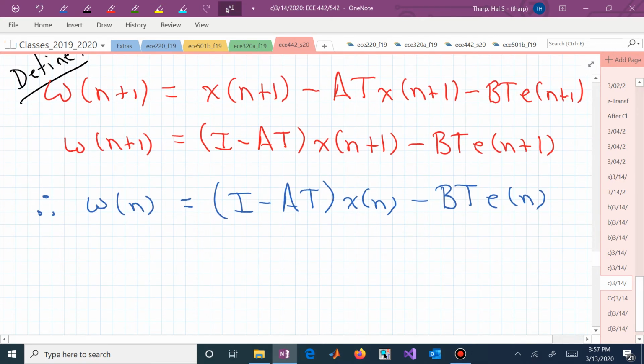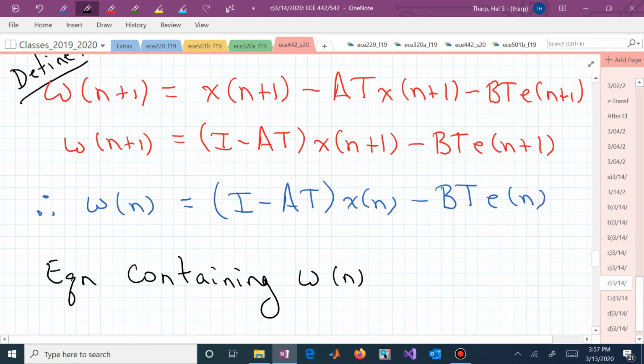And in fact, that's just an equation containing these three vectors, w of n, x of n, and e of n.